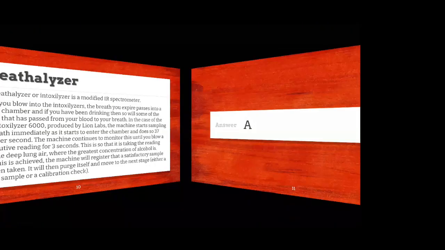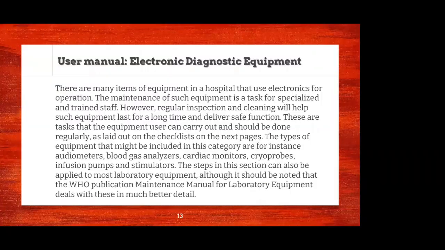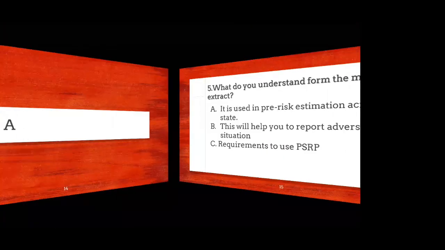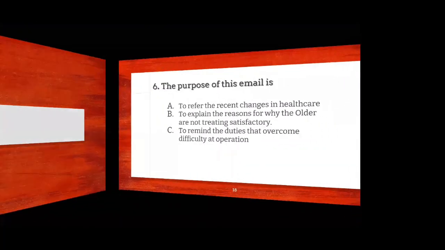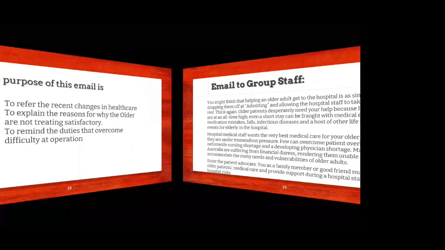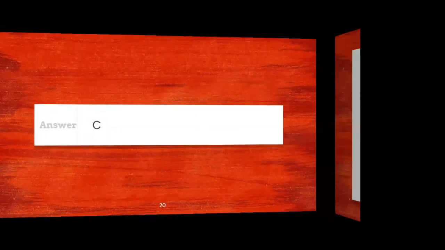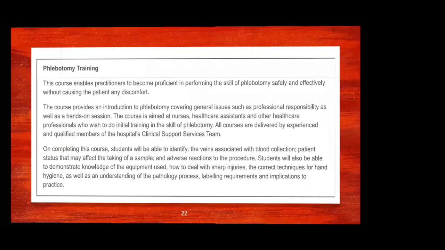Okay, so in A, they are telling a general thing that whenever there is a prolonged hospitalization, there are chances for hospital-acquired infection and social isolation, isn't it?